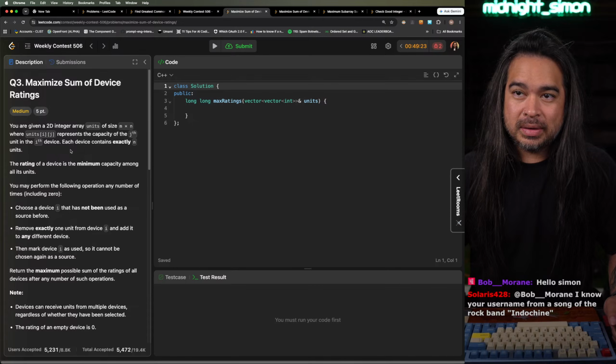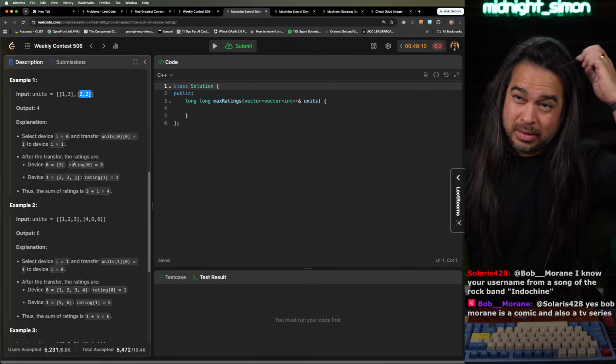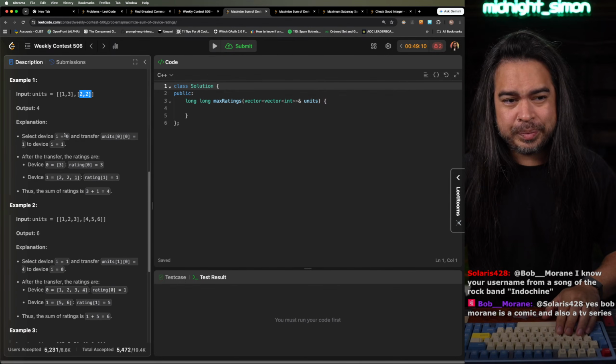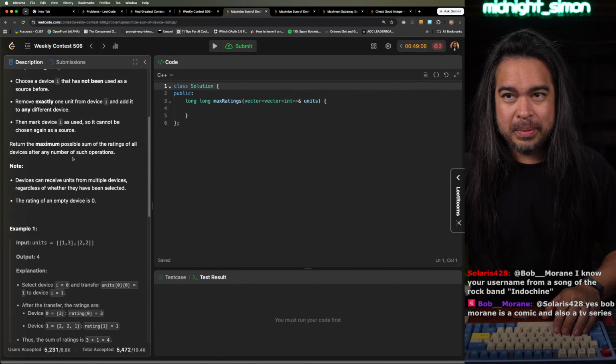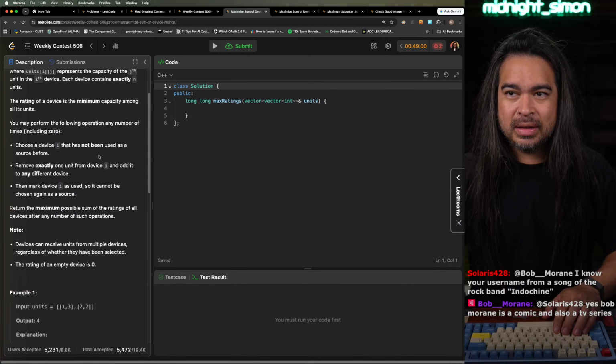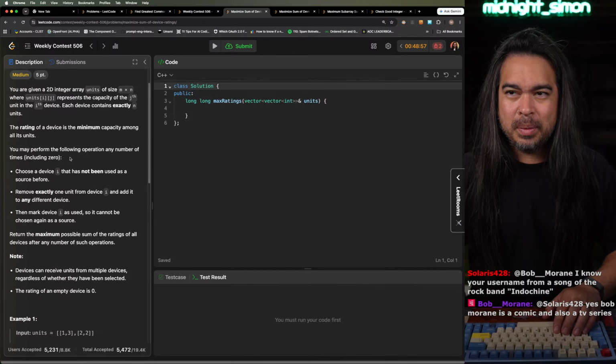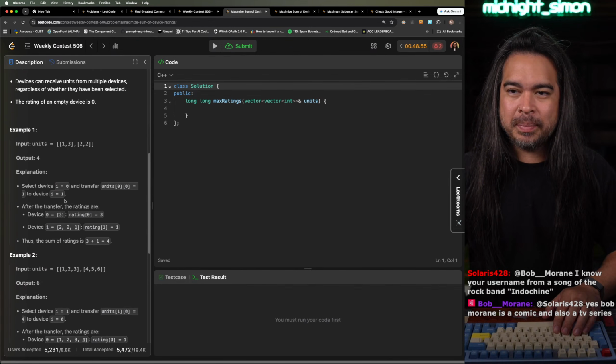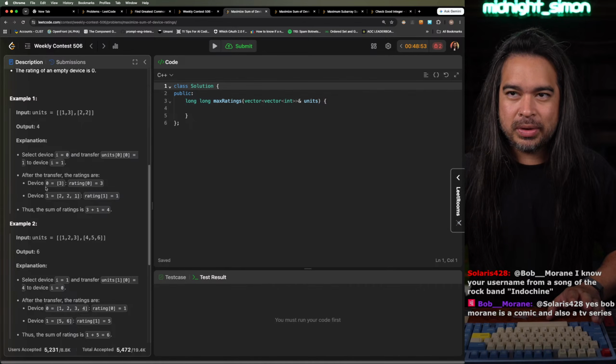Units, capacity, alright. So, hold on. Maximum possible sum of all the ratings of all devices. What are they talking about, man? Let me just go over the examples.